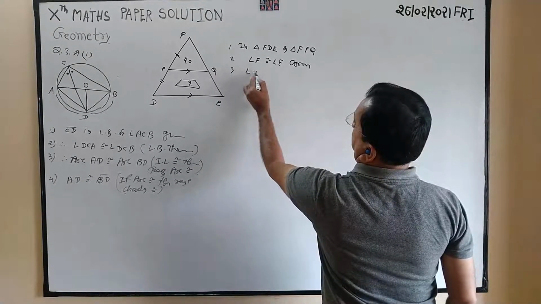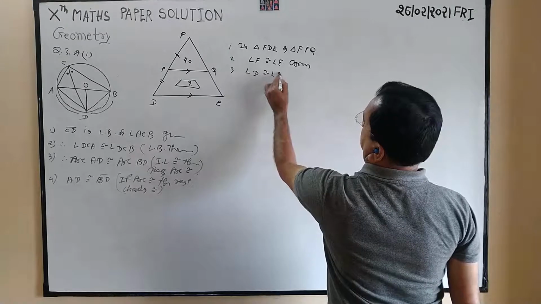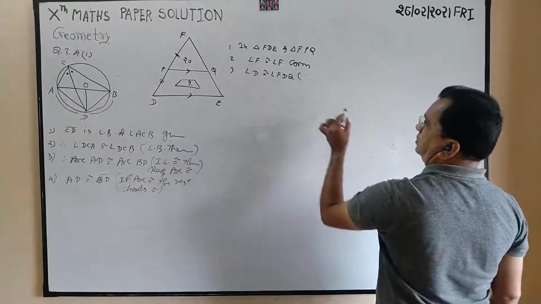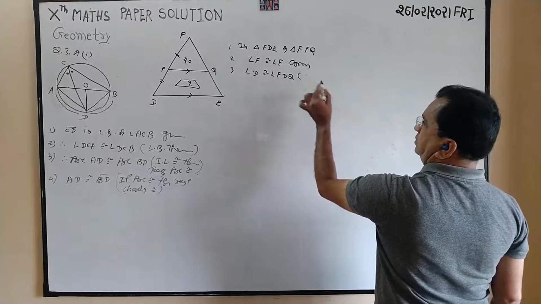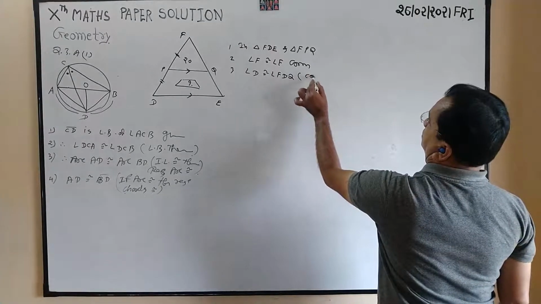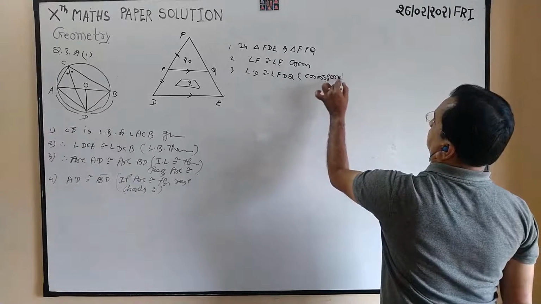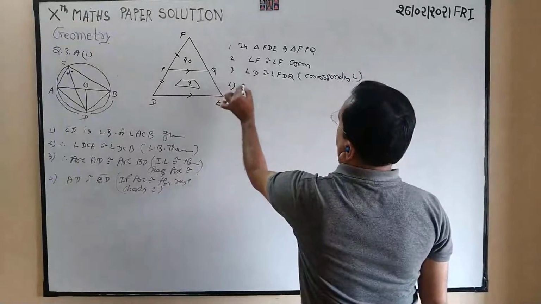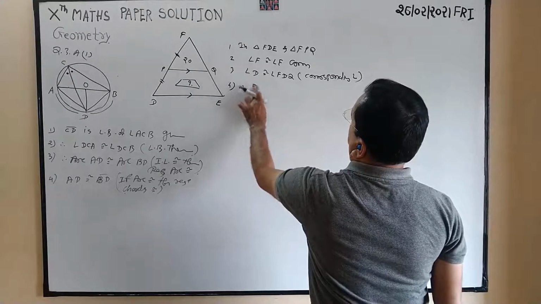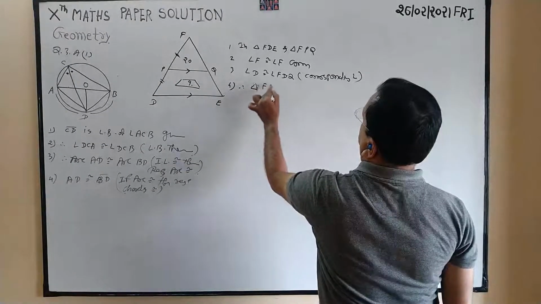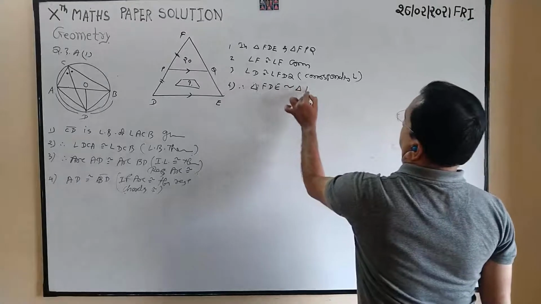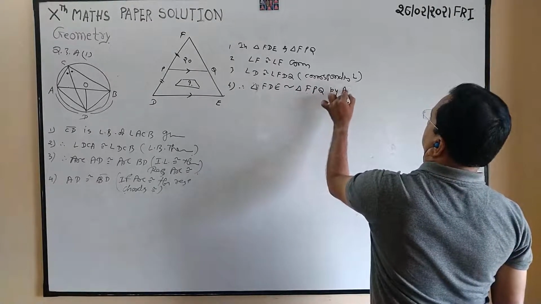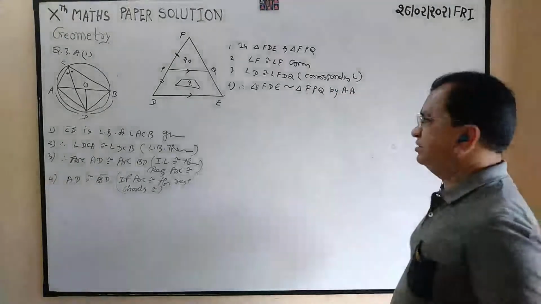Angle D congruent to angle FPQ, corresponding angles are congruent. Therefore triangle similar to triangle, by AA test.